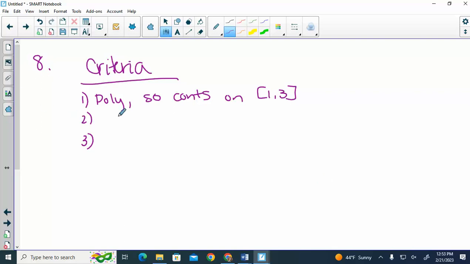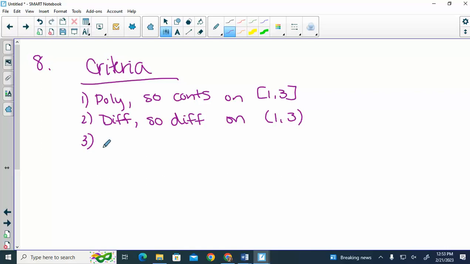Second thing, it has to be differentiable. Now if it's not a polynomial, you actually have to do the derivative and see, where does this derivative not exist? Is that in my interval? Since this is a polynomial, it is differentiable. And it only has to be differentiable on the open interval. So in other words, if the derivative doesn't exist at the endpoint, that's okay.